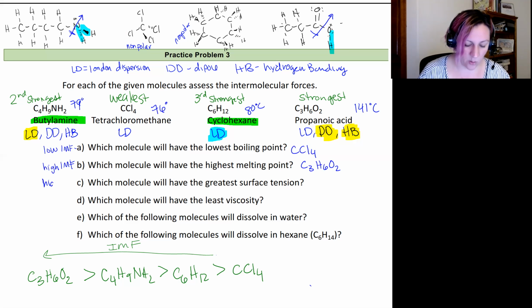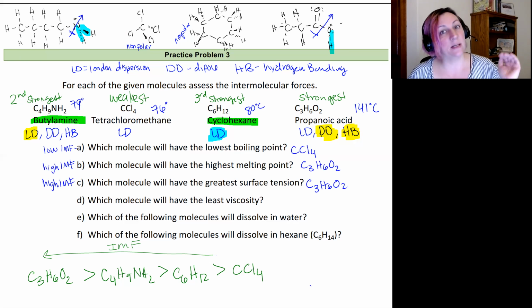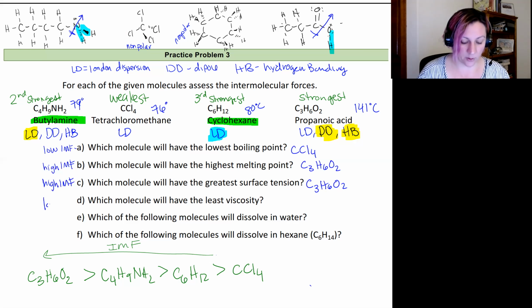So again, we want high intermolecular forces, so it's going to be our propanoic acid. Least viscosity means it's going to move fast, not slow. So we're going to look for low intermolecular forces, which means our tetrachloromethane will probably be our least viscous of these molecules.